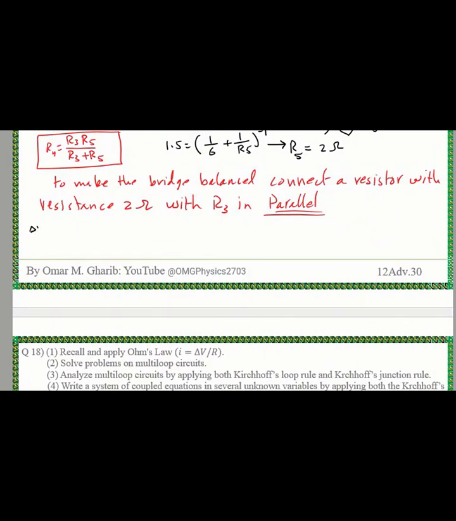So delta V AB equals the EMF, which is 14 volts.